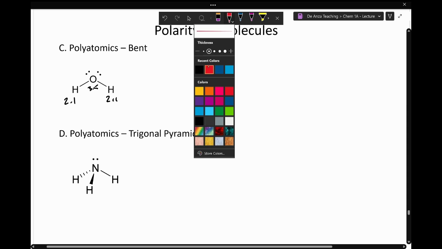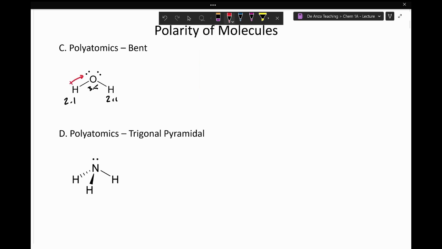We can draw those dipoles from hydrogen to oxygen, pointing towards oxygen. And we're going to take those and we'll add the dipoles together, tail to tip, or tip to tail.